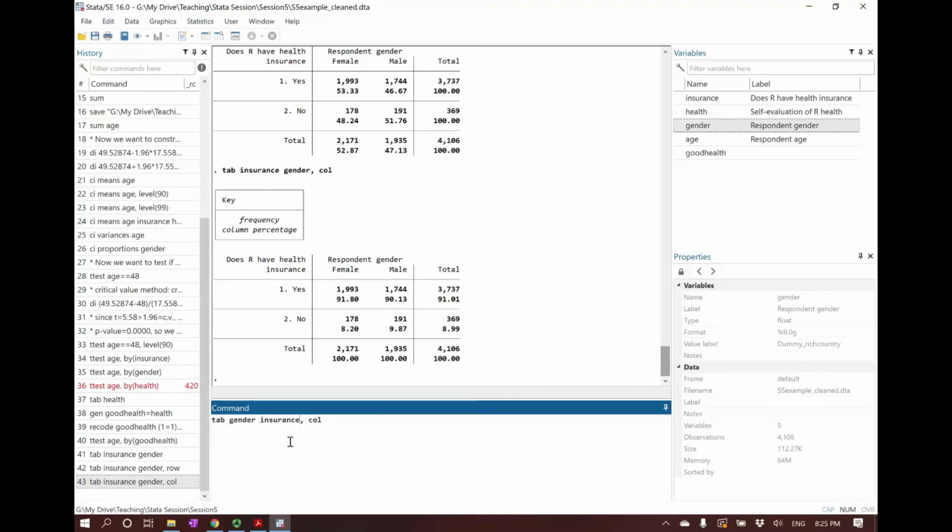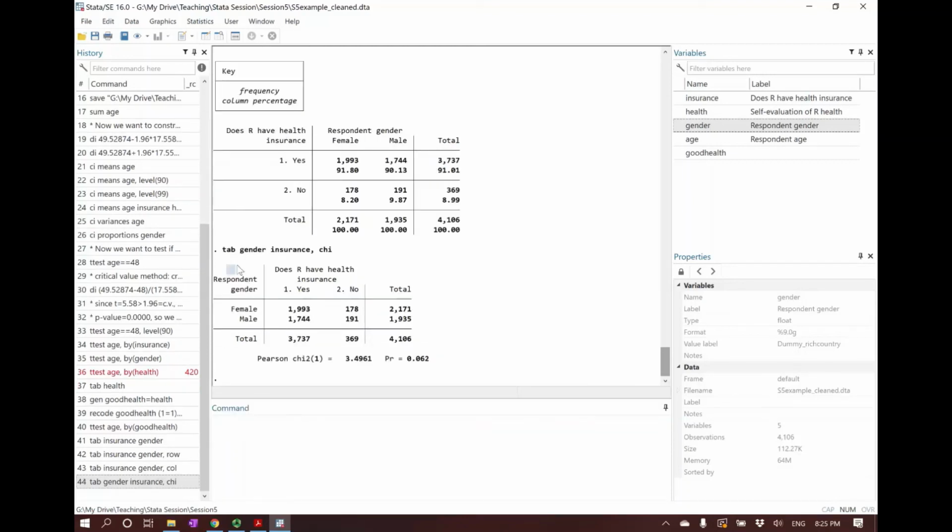One on the column and one on the row. So the option is going to be CHI. Okay, so if I click enter, I'm still going to see this frequency table or two-way table. Alternatively, Stata will in addition produce this chi-square statistic for you and the p-value.